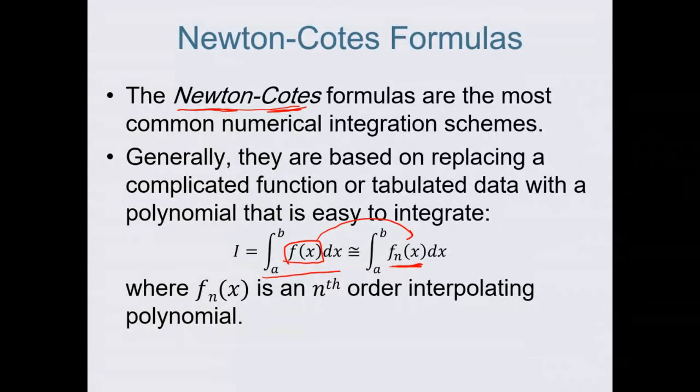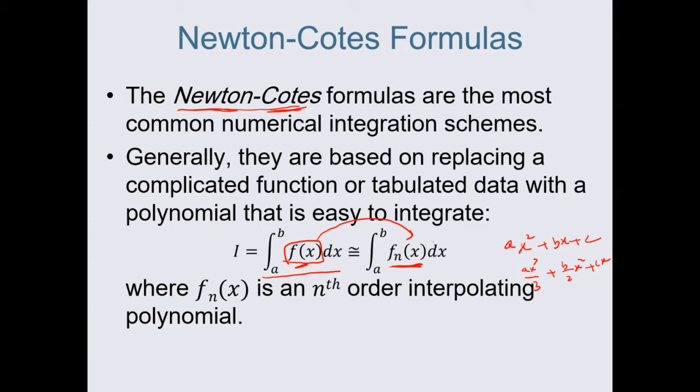So if you, for example, replace the function with a second order interpolating polynomial, then we know that integral of this is going to be, so it's a simple integration.